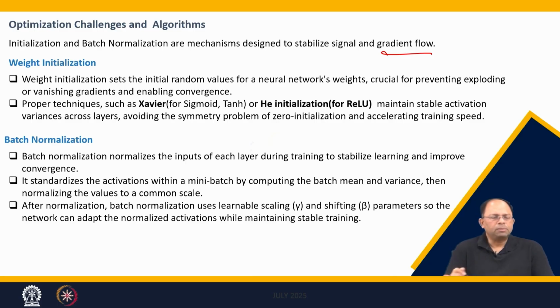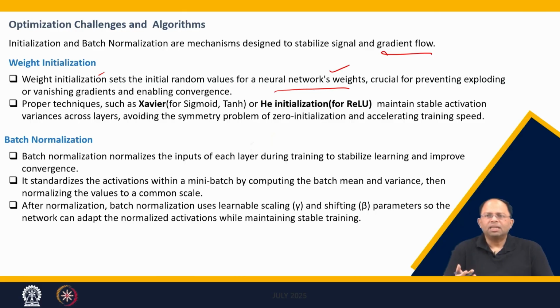So the first technique is weight initialization, where we set the initial random values for the neural network weights, which is very crucial for preventing exploding or vanishing gradients and enabling convergence. If the initial weights are chosen judiciously, then the vanishing gradient or exploding gradient problem will not happen.